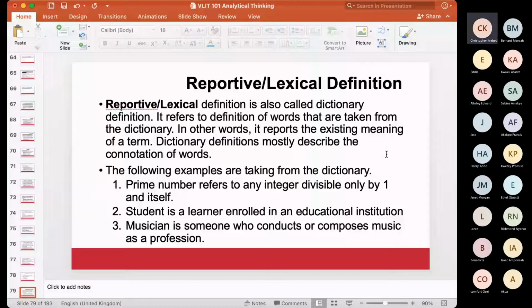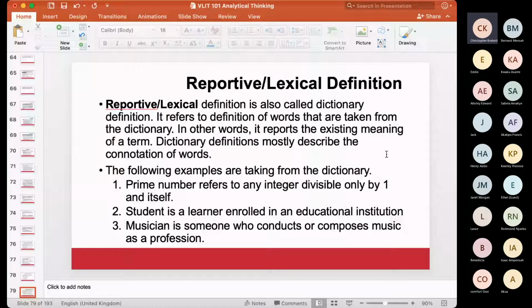The following examples are taken from the dictionary. For example, number one, prime number. Prime number refers to any integer divisible only by one and itself. That is a prime number. So if we ask for examples of a prime number, and we go ahead and list all the group of prime numbers, then we have moved away from connotation to denotation.